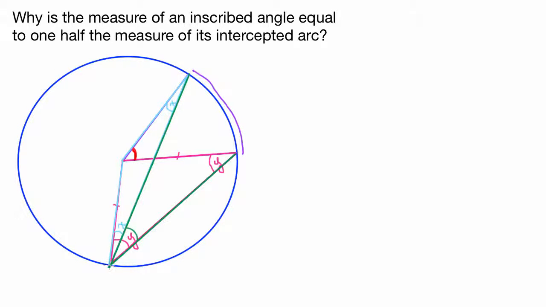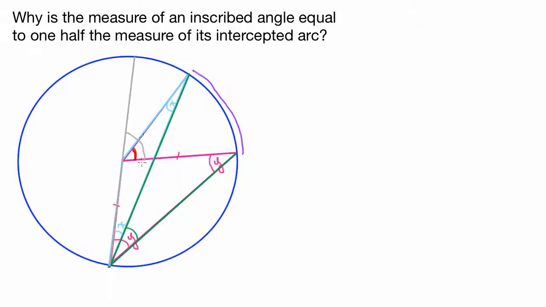Because when we draw this diameter, we end up creating the exterior angles for these triangles. And that's the whole reason we do this. We want to create those exterior angles so we can use the exterior angle theorem. So now, if you look, this right here is the exterior angle to that pink triangle, which is now green, pink, and gray.